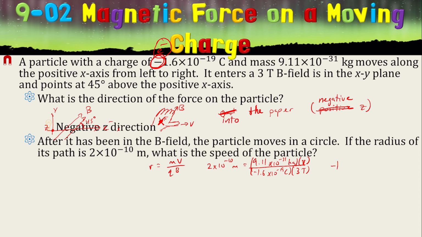So I get negative 9.6, 10 to the negative 29 meter coulomb teslas equals the 9.11 times 10 to the negative 31 kilograms times V. So we'll divide, and I get 10^5 meters per second for the speed.